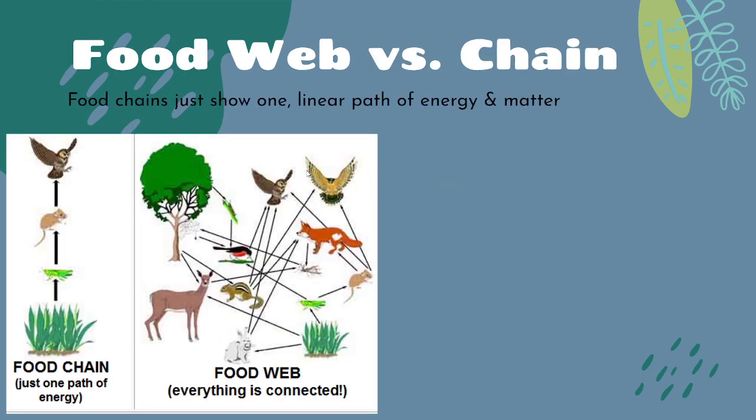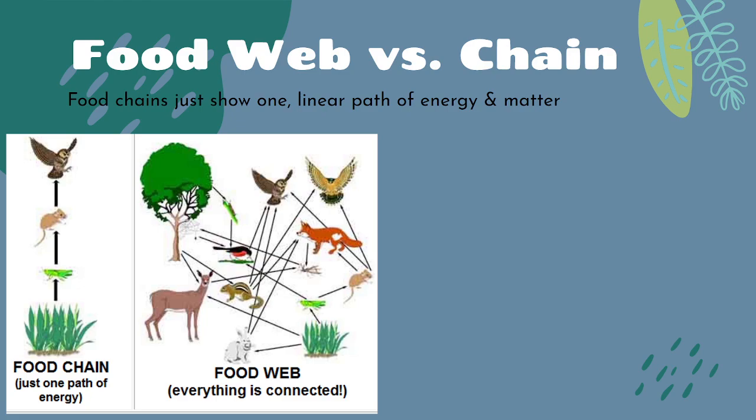Now, food webs are more dynamic, and they show the reality of nature, which is that in a food chain, one organism can get cut out due to disturbances, diseases, drought, anything like that. So a food chain is not realistic because in reality, organisms within an ecosystem are going to probably have many different feeding outlets.